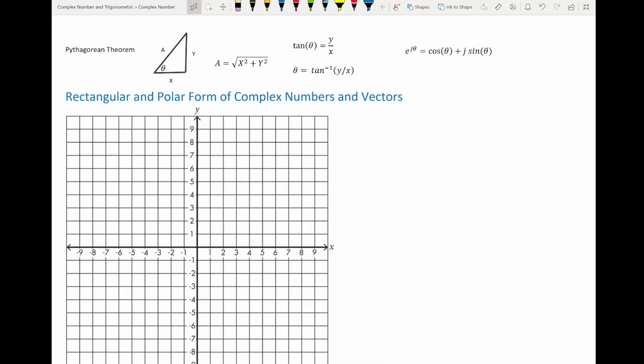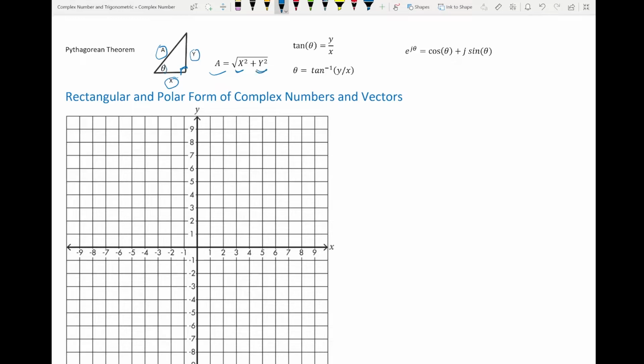If we have a triangle with one of its angles 90 degrees, then according to the Pythagorean theorem, the hypotenuse side, which is here A opposite to the 90 degree angle, this side A will equal the square root of the square of this side plus the square of this side.